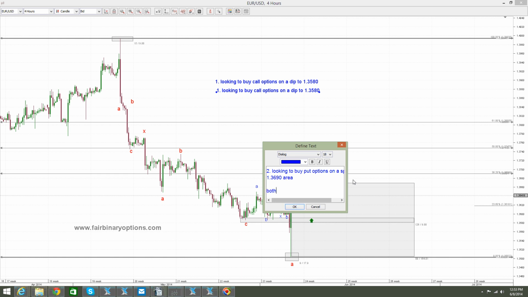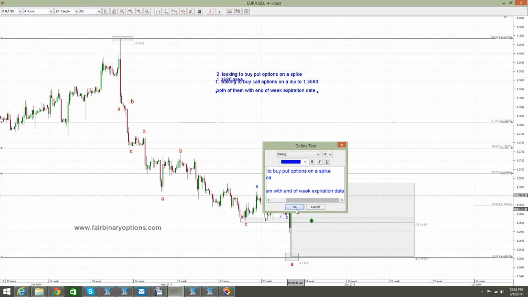Both of them with end of week expiration date.